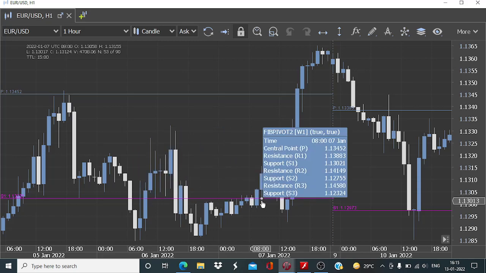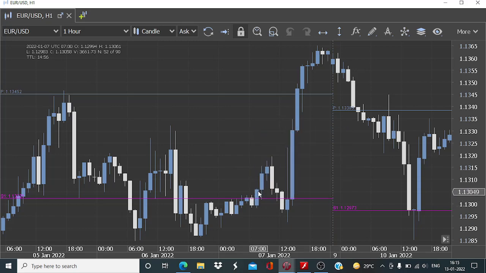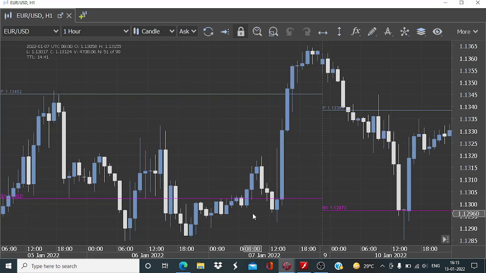So I think this is the place where the conditions are being fulfilled. So here the buy trade will take place, and it goes on to rise to almost 1.1319 from 1.1306.